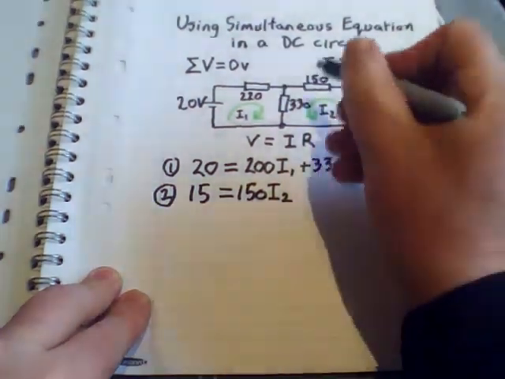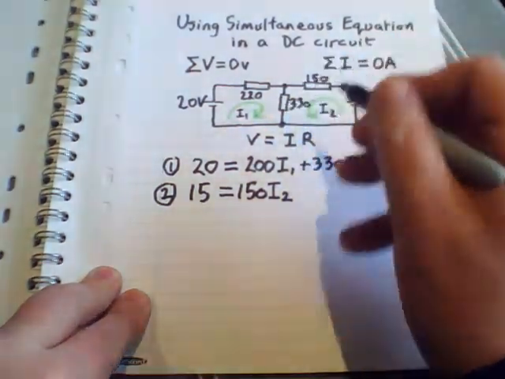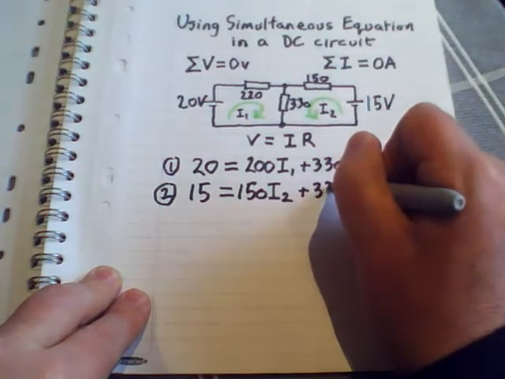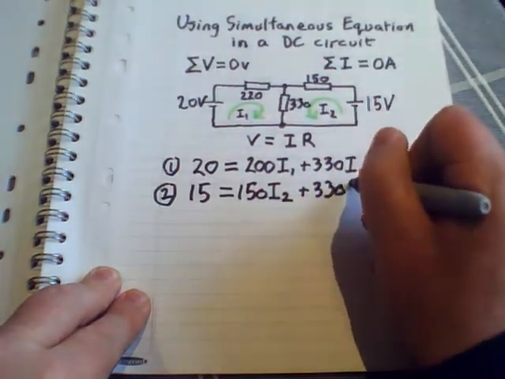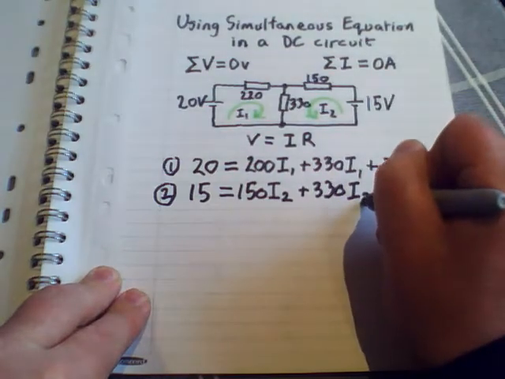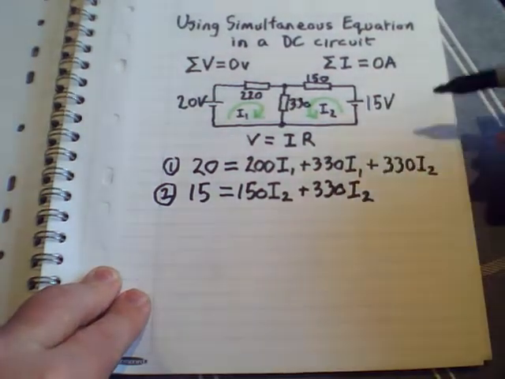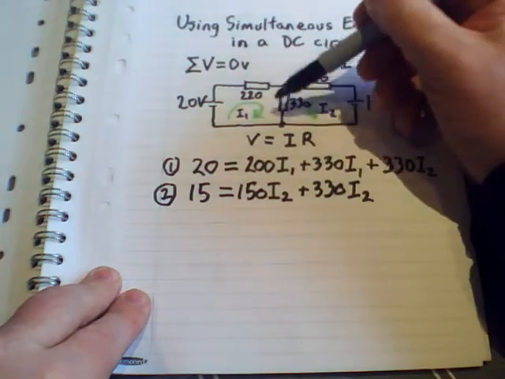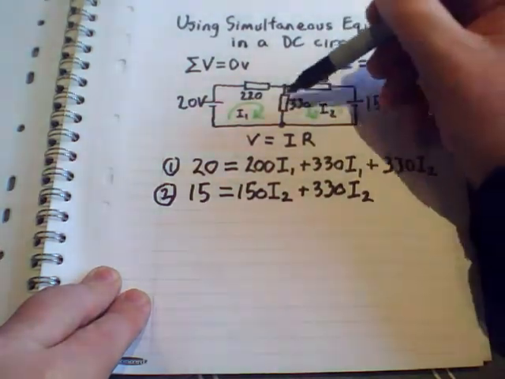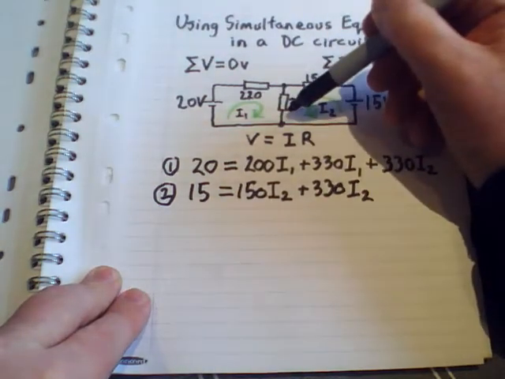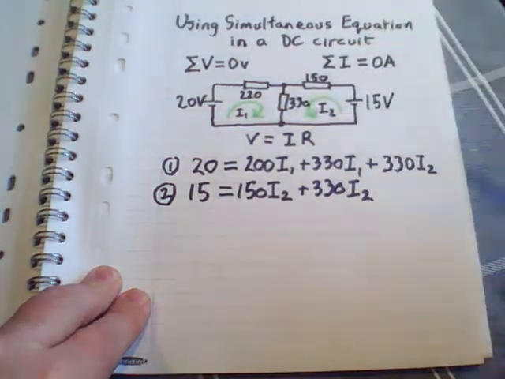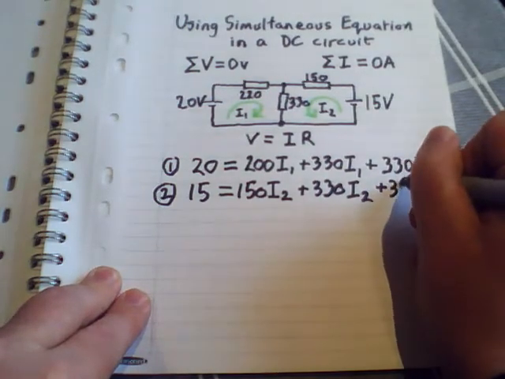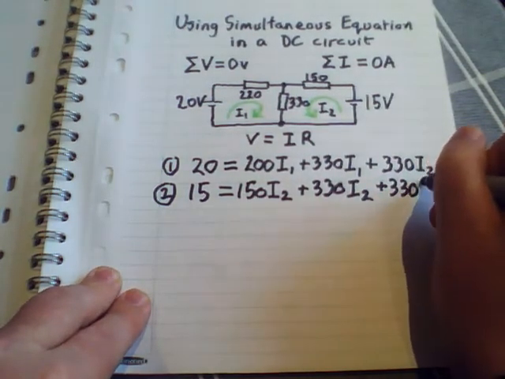Voltage drop across this one, so I'm going to add to that 330 I2, and like we did here, I've got to take into consideration the voltage drop because of the current coming round in this direction, flowing through in the same direction with the convention I've gone with. So I'm going to add 330 I1.